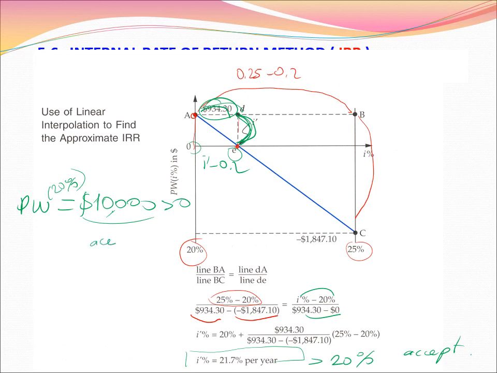You can say that, okay, accept the project because we are earning more than MAR. But actually, what is your actual earning rate? What was the total investment that you are doing? And with respect to that total investment, what is the percentage that you are earning?